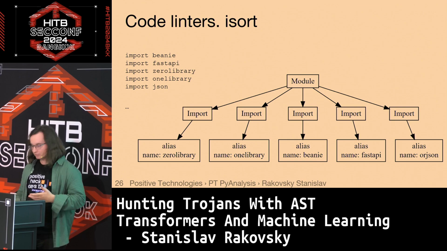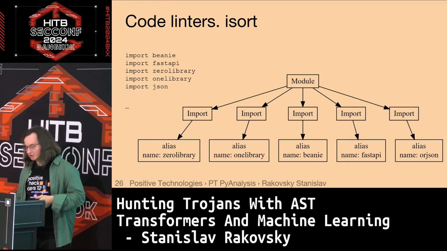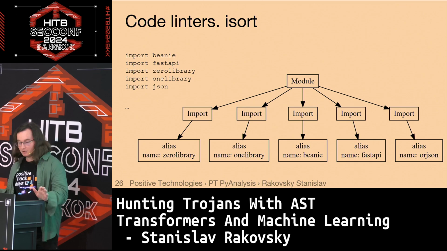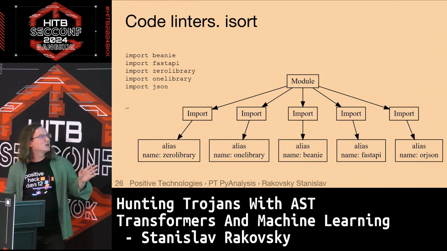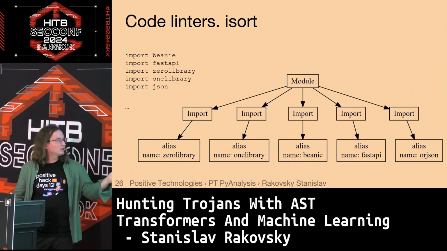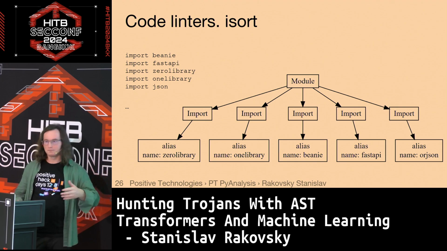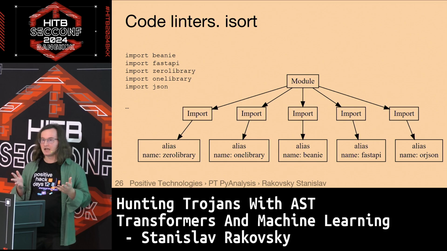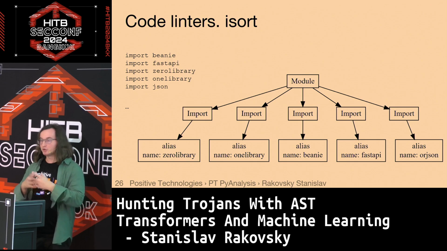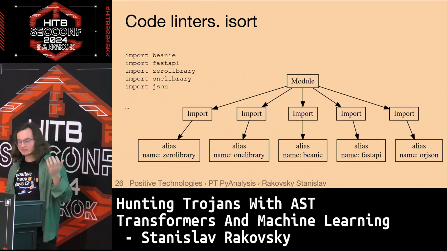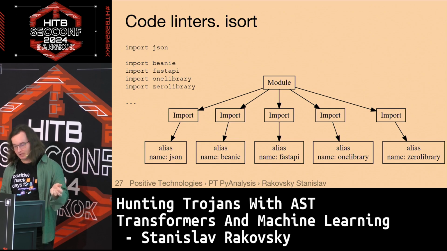For example, we have a set of imports, and it looks not so good at all because they are unordered. So to ease our programming, we can use tools that beautify our code, for example a library called isort. What will it do?